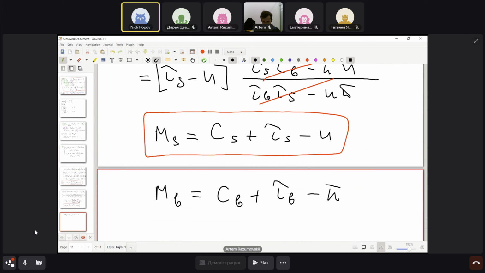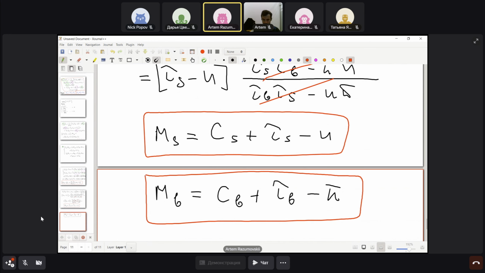It will be symmetric, right? Well, is it true? Yeah. So then what can we say about that?